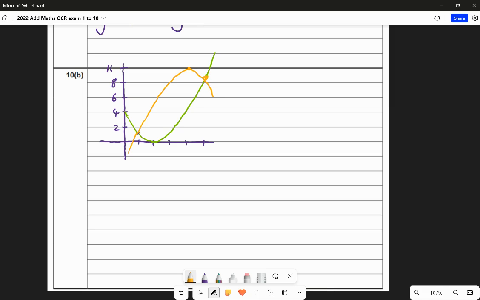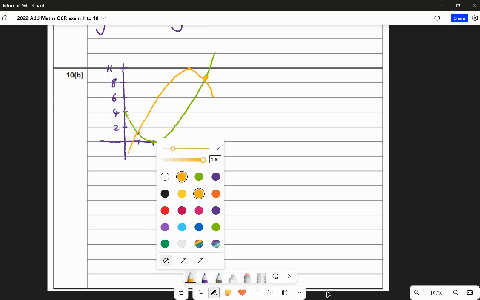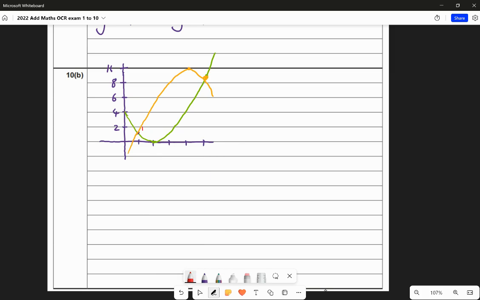Okay, so what we're looking for is the area of the region between the graphs. So this shaded region here is what we're looking for.